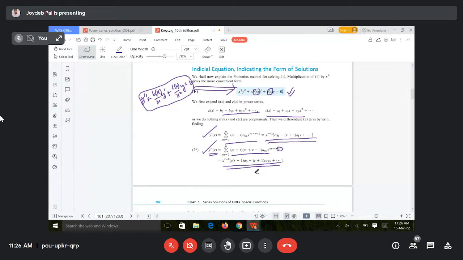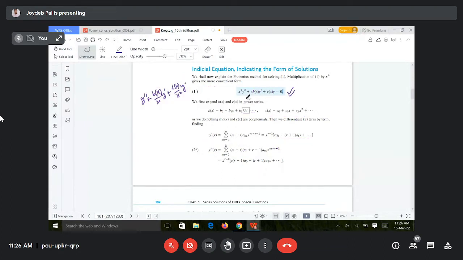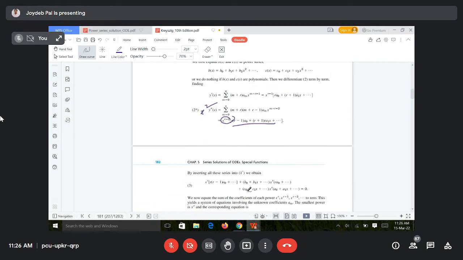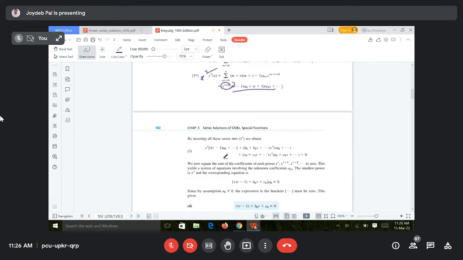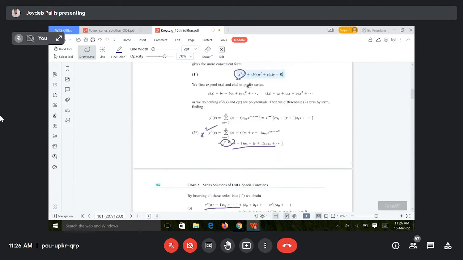Now in the question y double dash is multiplied by x square, so if you multiply it by x square then it will be x to the power r into that. देखो वही लिखा है after substituting it into the equation, x to the power r into this plus next term क्या है, x into bx into y dash.